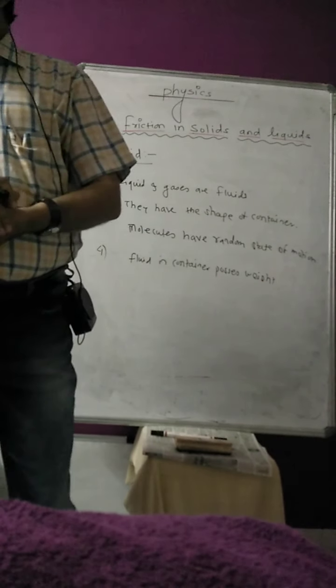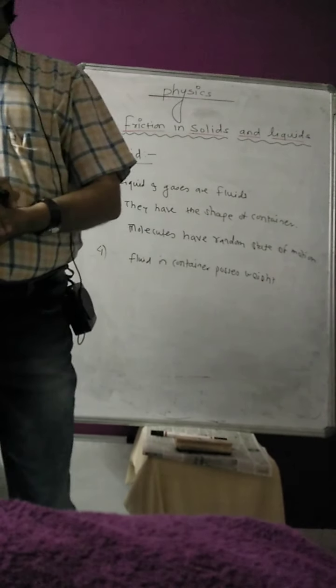Not only do they exert force on the base of the container, they also exert force on the walls of the container. The force is always perpendicular to the area on which it acts, normal to that area.